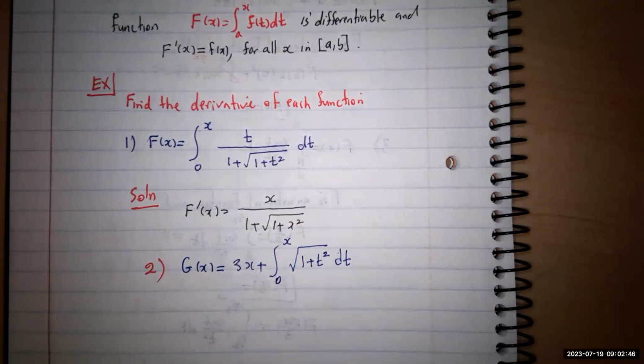Again, you have something extra here, no worry, because the derivative of 3x would be 3. So you have your integral part, the function inside is a continuous function, so we differentiate it as we go on.